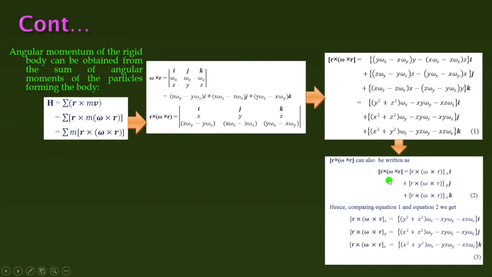With the unit vector, this suffix x indicates that it is the x component only, and i into this quantity means the x component equals this, and similarly the y component is this and the z component is this. This is equation 3.